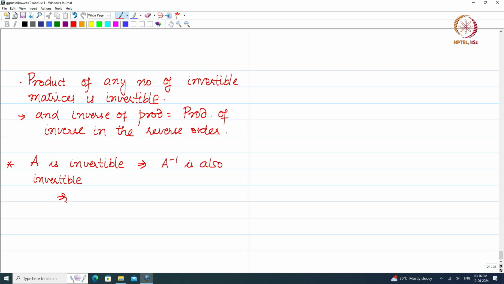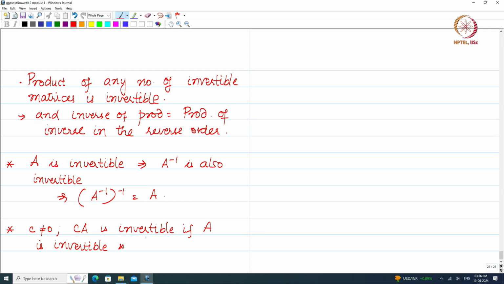If C is a real scalar which is not equal to 0, then CA is invertible if A is an invertible matrix, and the inverse of CA is equal to C inverse into A inverse.